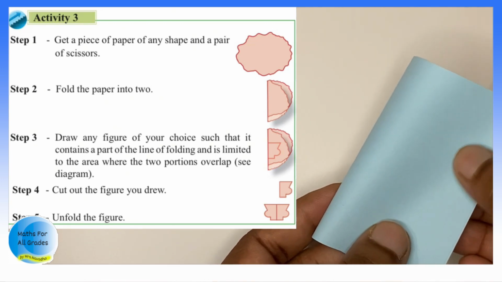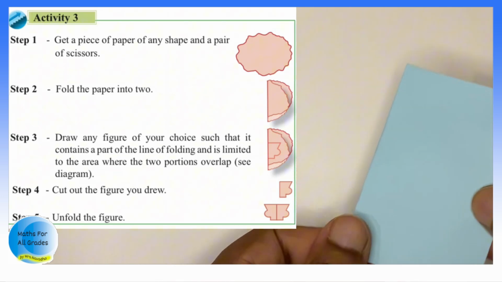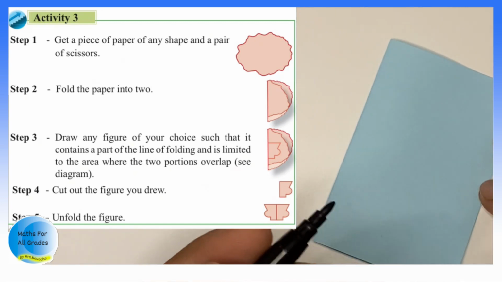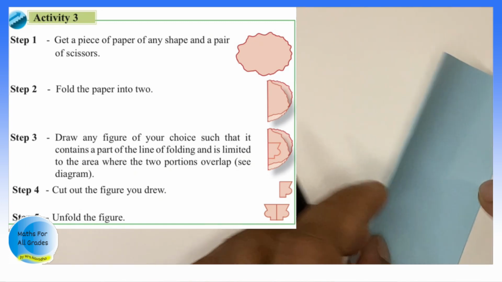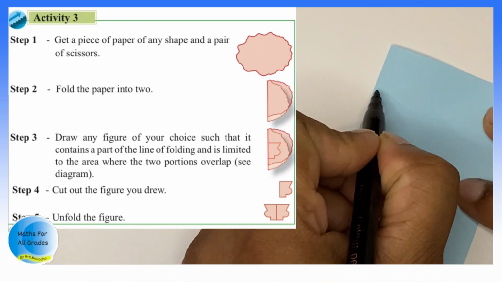Okay, let's fold it. Next, draw any figure of your choice such that it contains a part of the line of folding and is limited to the area where the two portions overlap. Now let's draw any shape we want. My folding line is on this side, so I am starting with this side.